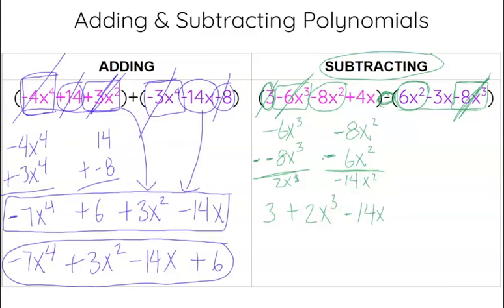So I add that to my answer. And then our last terms, we have 4x and negative 3x. So we have 4x minus negative 3x. Remember, double negative, minus a negative becomes a positive, so this is really 4 plus 3x, which is positive 7x.